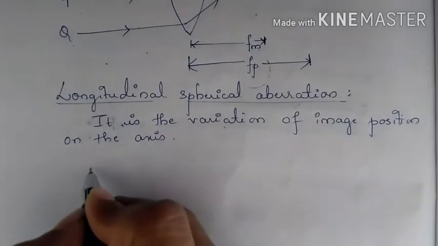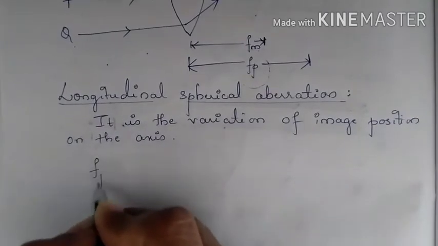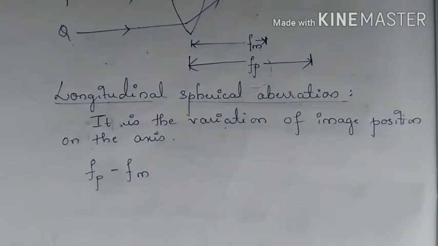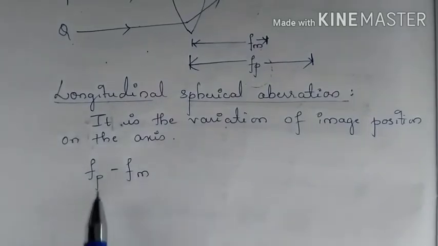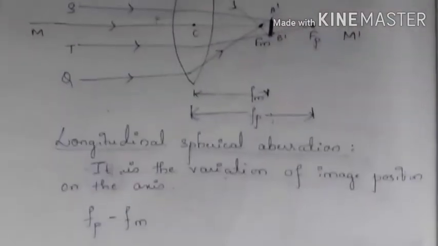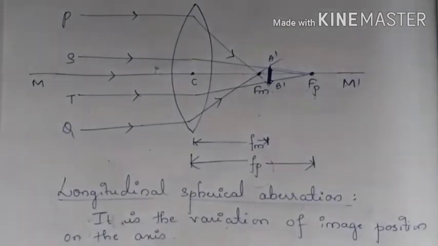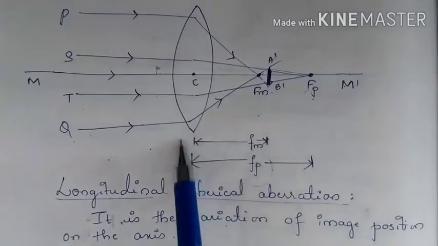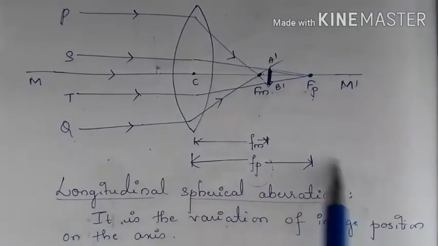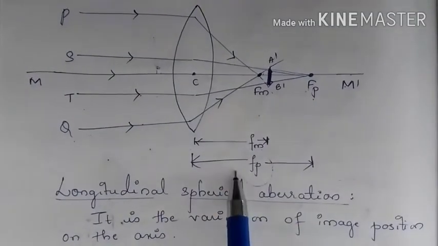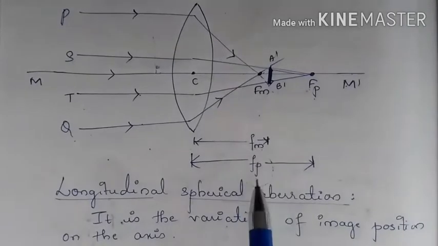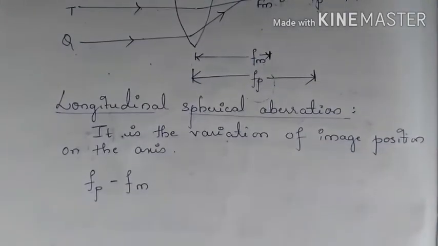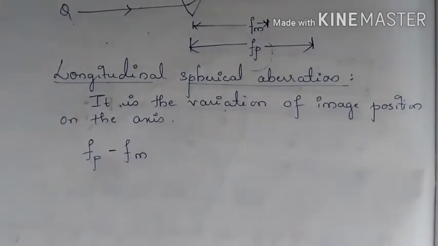So this difference, Fp minus Fm, is the difference between the focal lengths of paraxial and marginal rays. This is the focal length of marginal rays and this is the focal length of paraxial rays. The difference between Fp and Fm gives the measure of longitudinal spherical aberration.